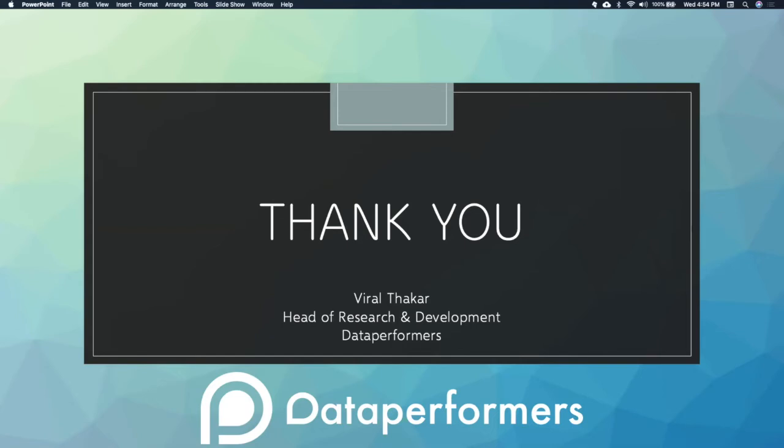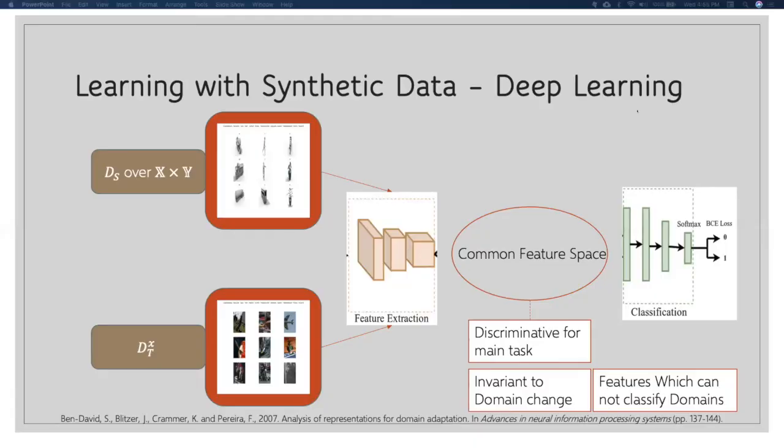Viral, in the model where you have the stage of common feature extraction, can you somehow use those common features to generate another set of synthetic data, using the features that you captured from the synthetic data and the real ones, and have a better quality synthetic representation?